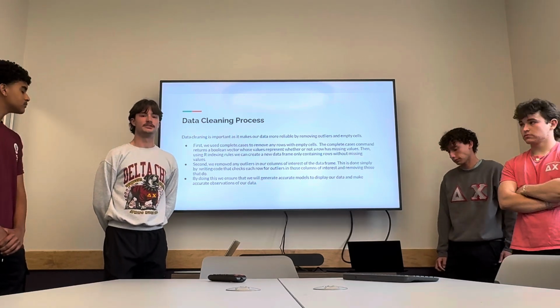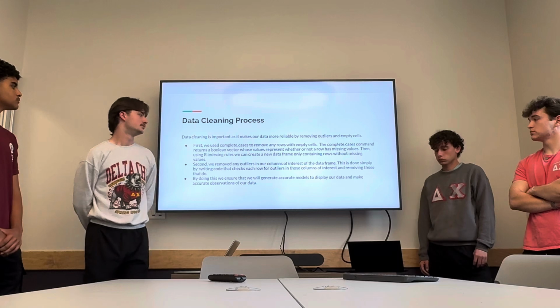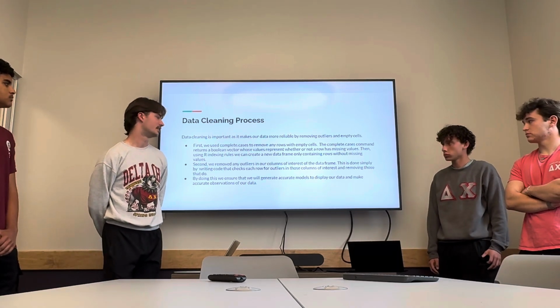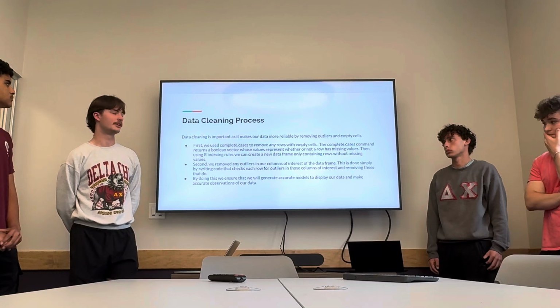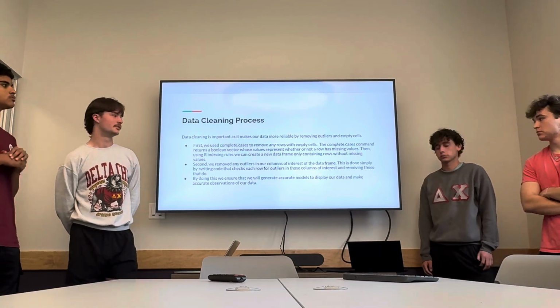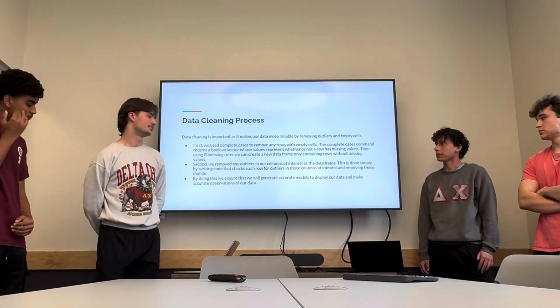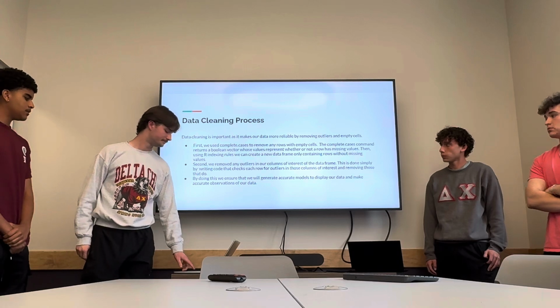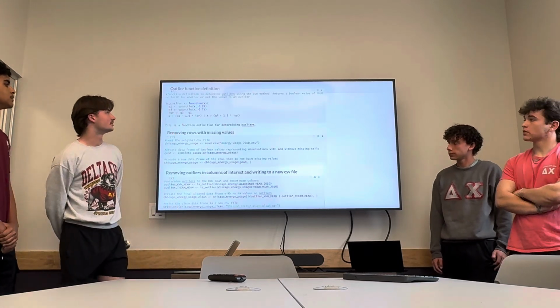We are able to do this by writing code that checks each row for outliers in the columns of interest and removing the rows that do have outliers. By doing this, we ensure that we will generate accurate models to display our data and make accurate observations of our data. So here's the code.